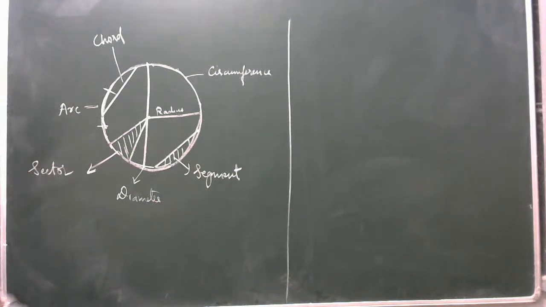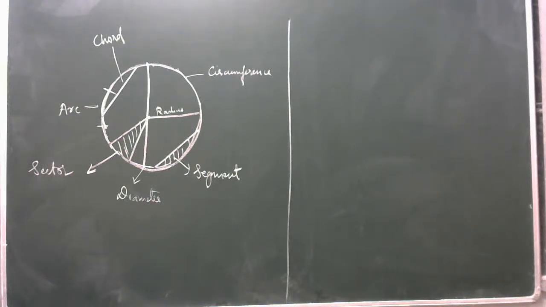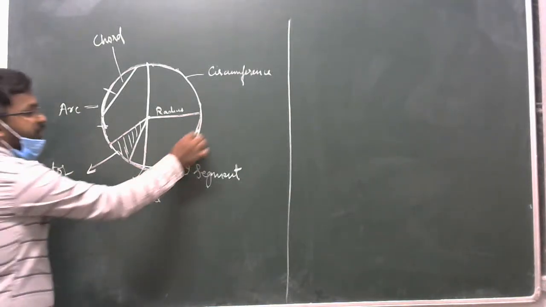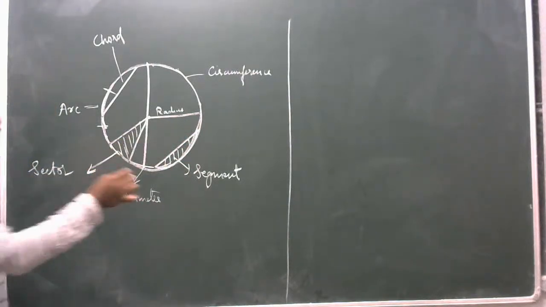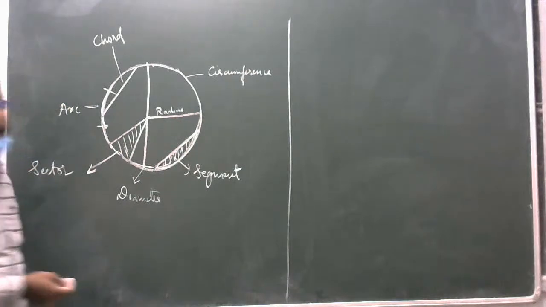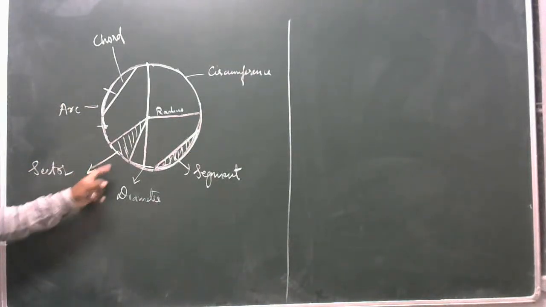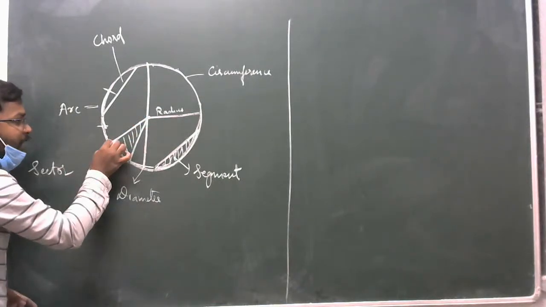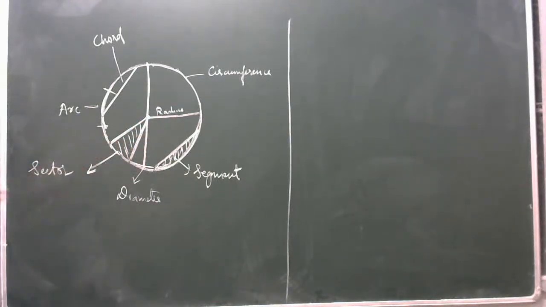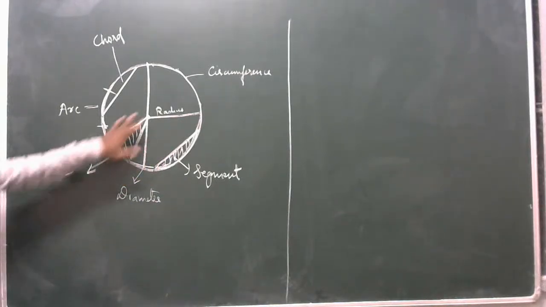So now see here, a segment is the region covered by an arc and a chord. So this is an arc and this is your chord. Whereas in a sector, these two lines are your radius. ये center से आया है. So it is a region covered by an arc and radius. But here it is covered by a chord. It has to come from the center only.